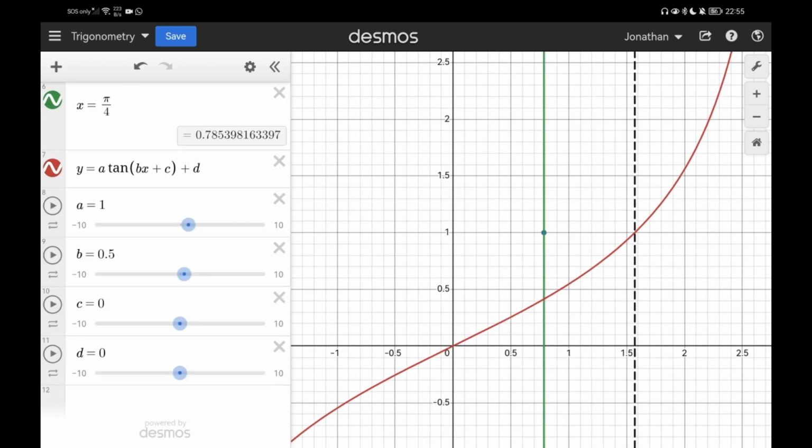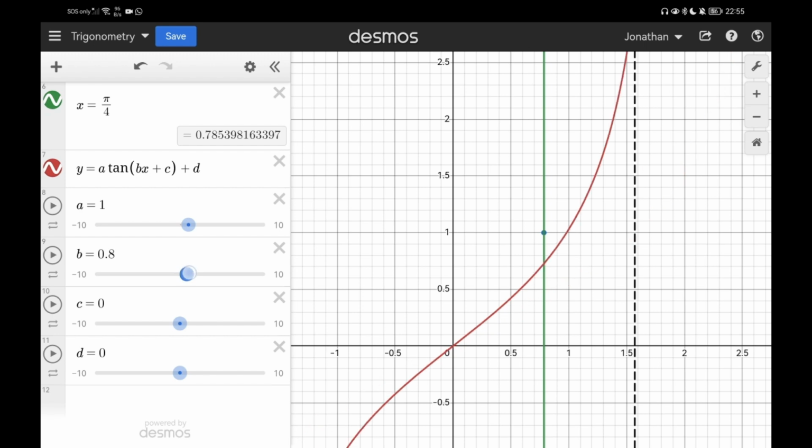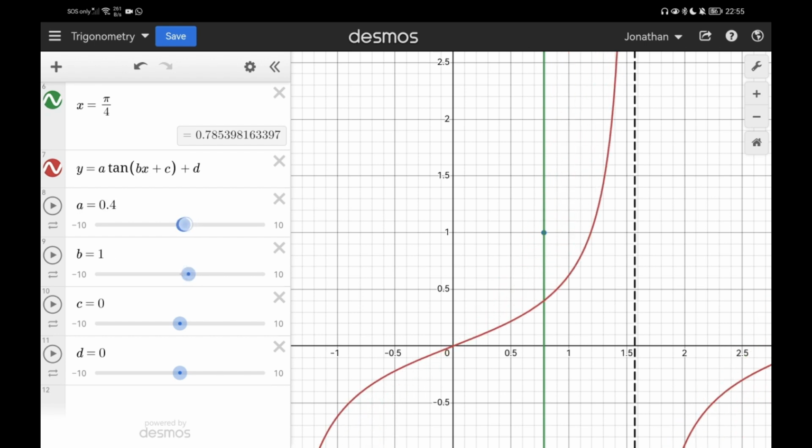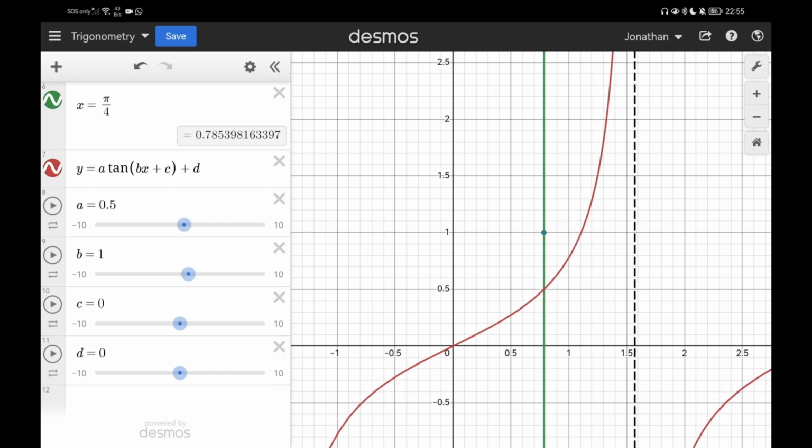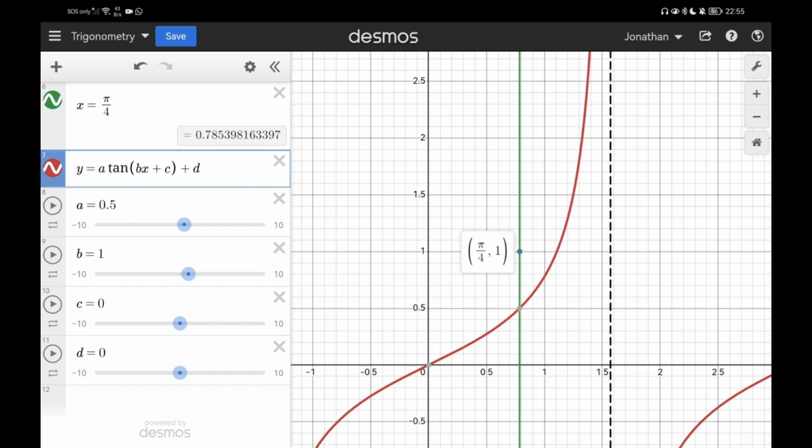What if a becomes less than 1 and greater than 0? So let's recover b to 1 and a is less than 1, let's say 0.5. What we will observe is that this is the original intersection of the pi over 4 with the tangent graph.